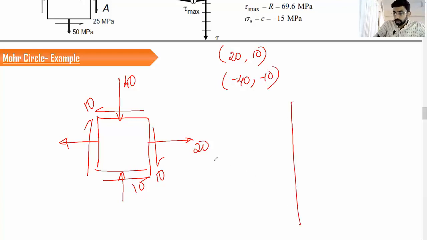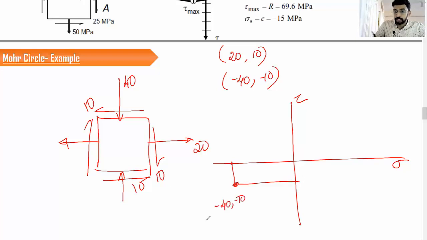How will I represent this? I have an x and y axis here. This represents sigma, this represents tau. So minus 40, minus 10 is going to come somewhere here. 20, 10 is going to come somewhere here.